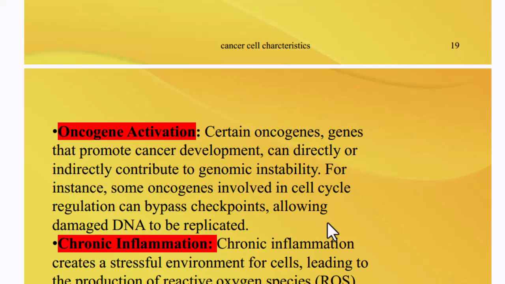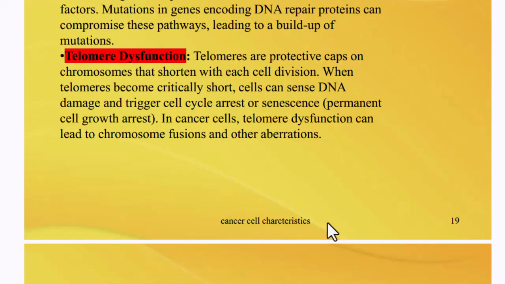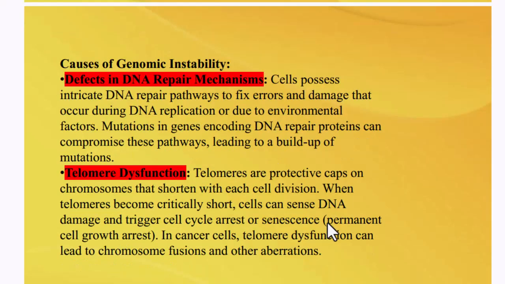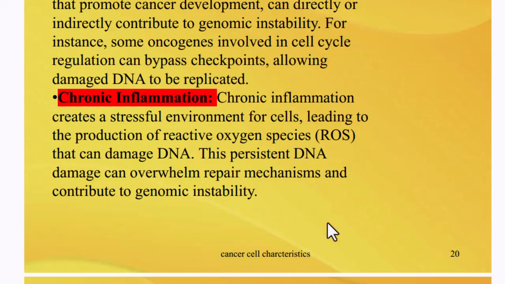Chronic inflammation creates a stressful environment for cells, leading to production of reactive oxygen species. These can damage DNA. This persistent DNA damage can overwhelm repair mechanisms and contribute to genomic instability. So the causes of genomic instability are: defects in DNA repair, telomere dysfunction, oncogene activation, and chronic inflammation.